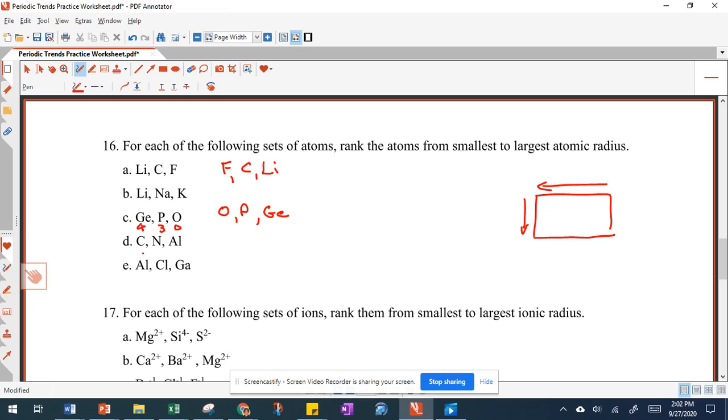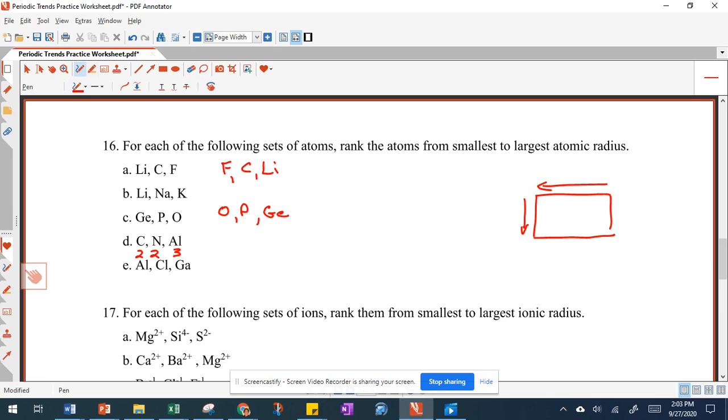If we look at carbon, nitrogen, and aluminum, we notice right away that carbon and nitrogen are in the 2nd period, so they're both in the 2nd period. Aluminum's in the 3rd. Now, when you're comparing elements in the same period, if you're not as visual, another thing you could think about is how many protons are in the nucleus.